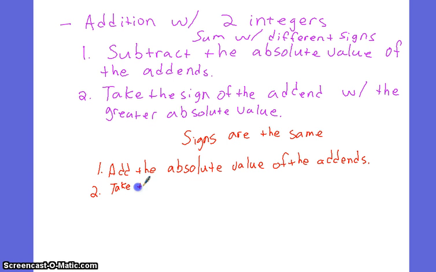So whatever the sign of the addends is, that's what we're going to use. All right? So let's move on to our next thing, and that is collecting like terms.